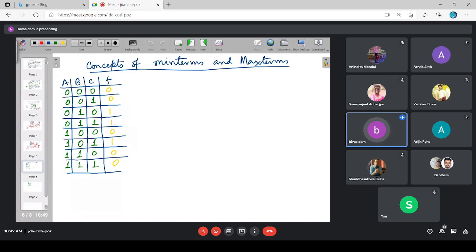Now I have given one truth table here. By the way, are these yellow colors visible? Yes, sir. They are visible. Now here, if I go for sum of product type of realization, what will be our target?